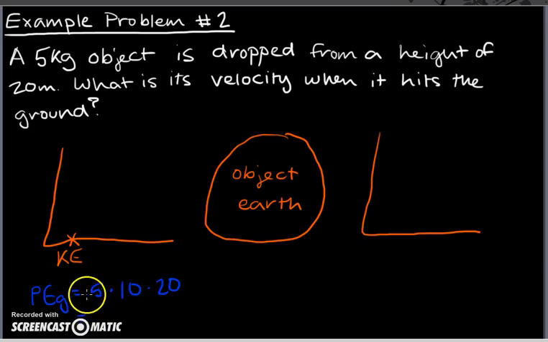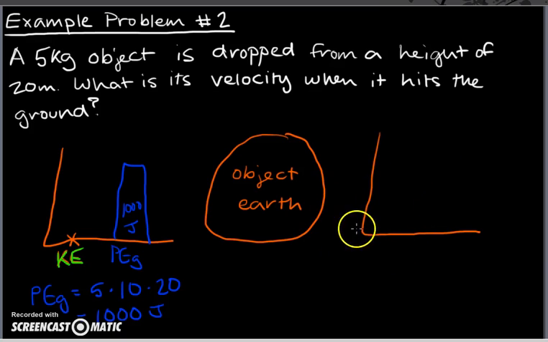So we get that this is equal to 1,000 joules. So our potential energy of gravity is 1,000 joules. And I know in my other video I color-coded kinetic energy to be green, so I'll go ahead and do that.